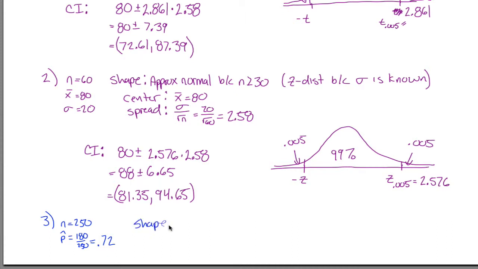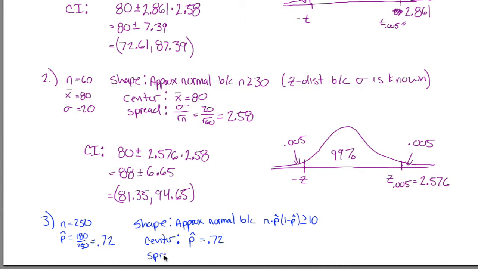So shape, it's going to be approximately normal. Big surprise. The reason why is because n times p hat and n times 1 minus p hat are greater than or equal to 10. N is 250, so that makes this plenty big. My center is just p hat, my point estimate here, which is 0.72.